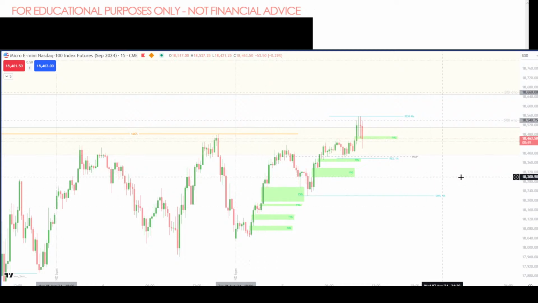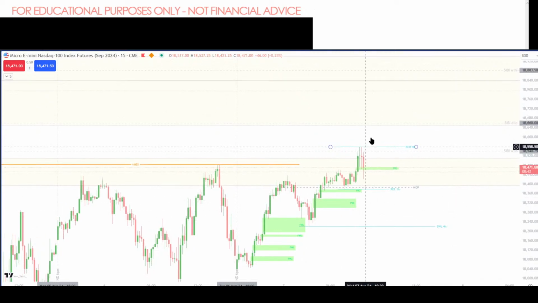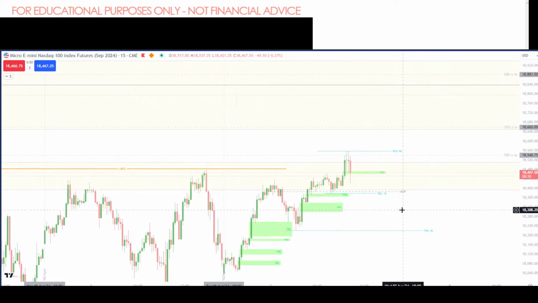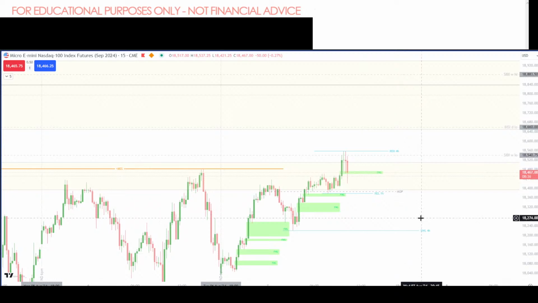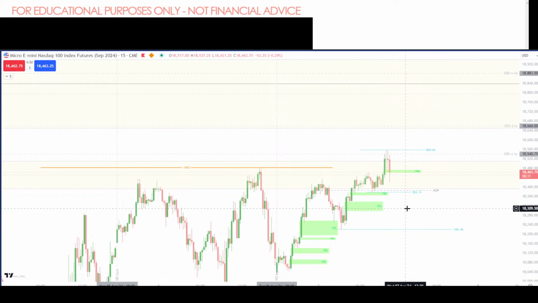But on the power of 3, right? So we came down below midnight and then we pushed up. So if we're going bullish, we found support on midnight opening price earlier in the day. So it could be that we just came back down into this BISI, 15-minute BISI, and we're moving back up, possibly.